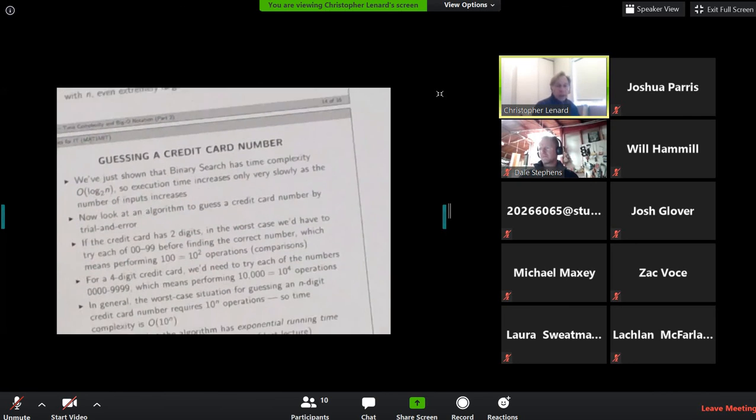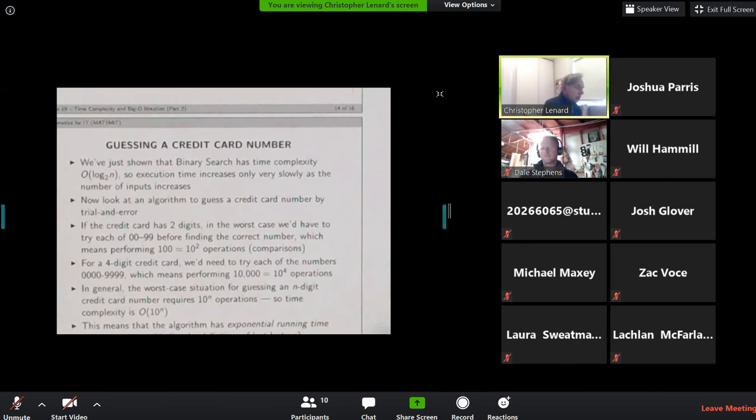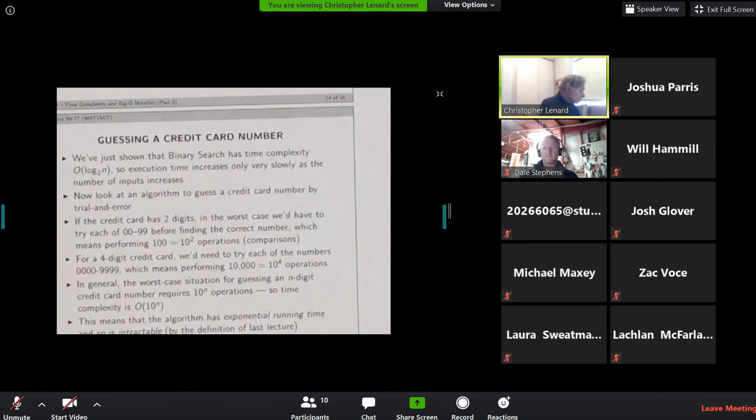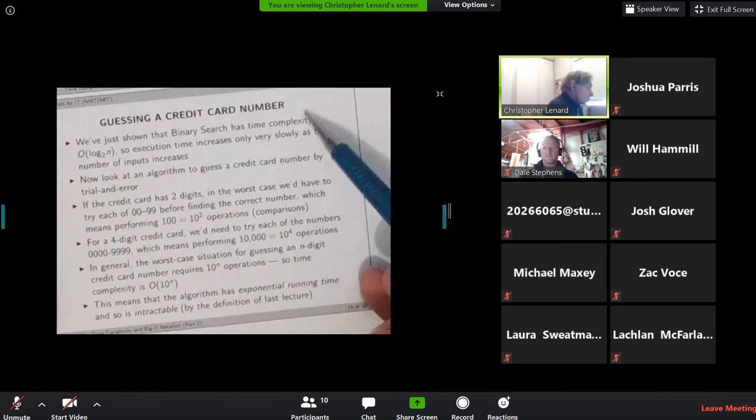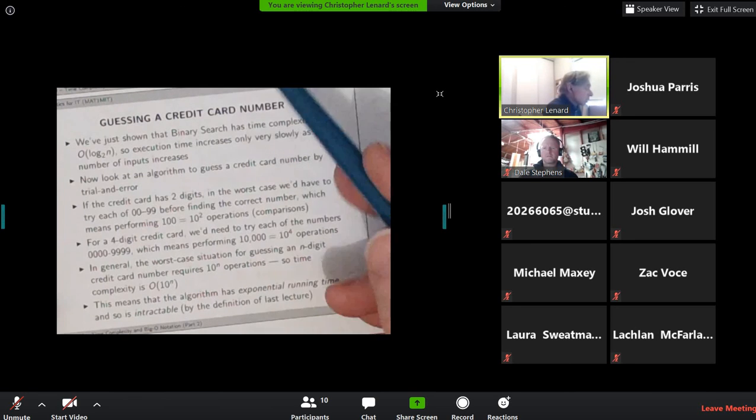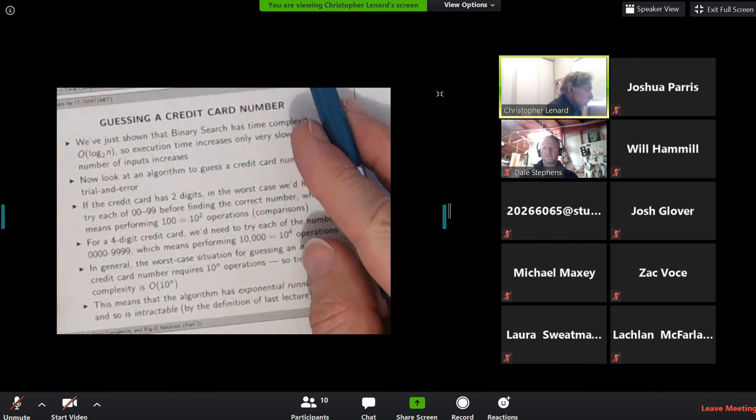Okay, now something slightly different. Just take a couple of minutes for this. Suppose I ask you to guess a credit card number. The idea of this is that it's a foil, a comparison against searching within a list.